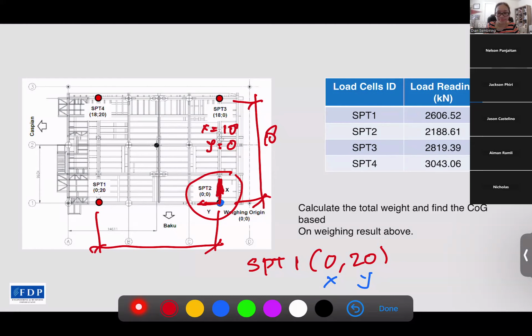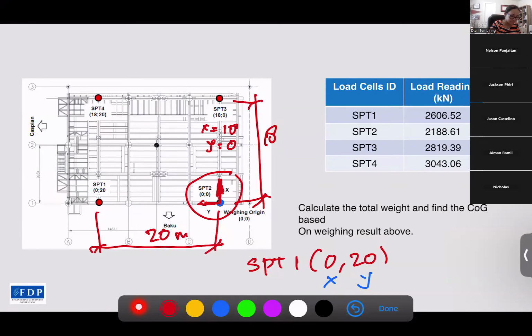Then on the Y side, we're saying from A to D, that's 20, because it's showing SPT1. So if I want to get this, it will be 20 meters minus this one, 14,611. Correct. Okay, understand.